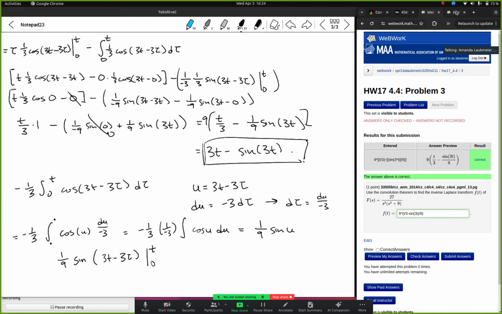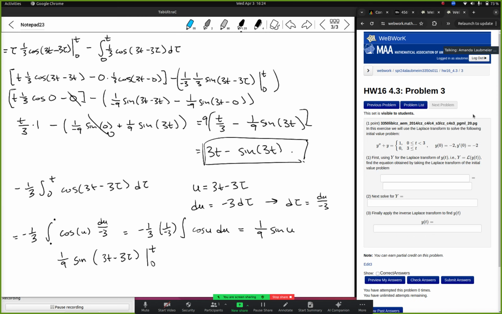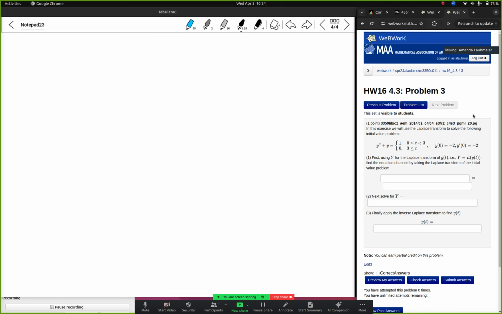The next problem that was requested was homework 16, 4.3, problem 3. We're supposed to use Laplace transforms to solve this piecewise initial value problem.